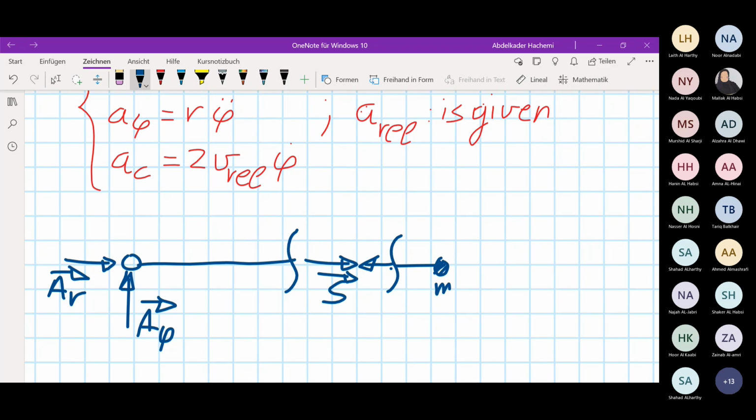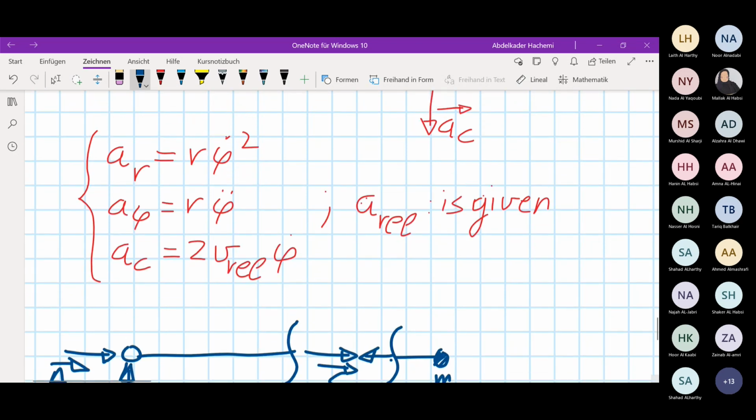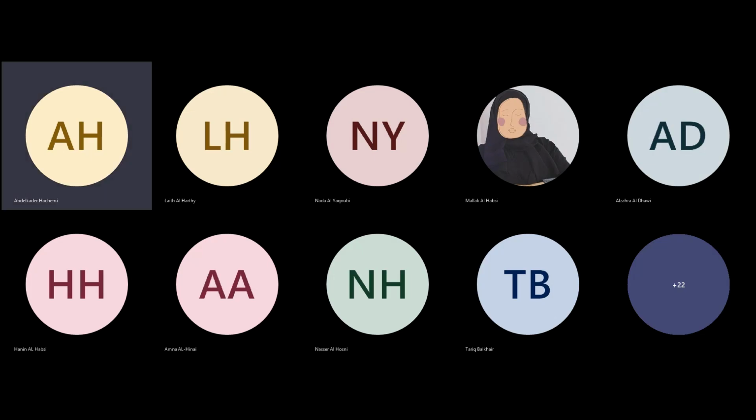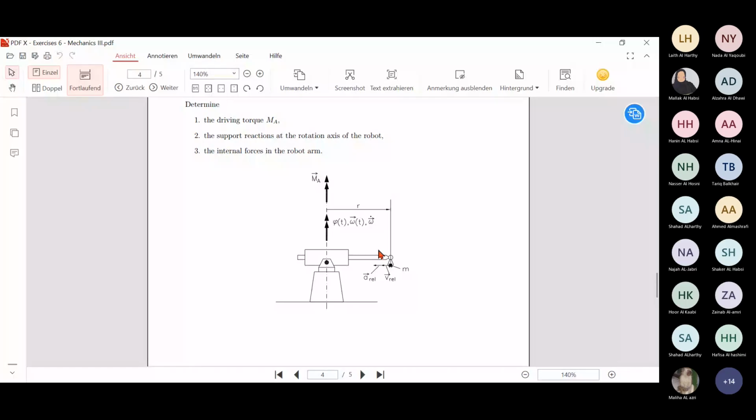We have also S in this point here, which is in equilibrium. As we cut here the robot, that means, if I return back to the exercise, here we have the contact to the robot arm here. The reaction at this point here is E, okay?